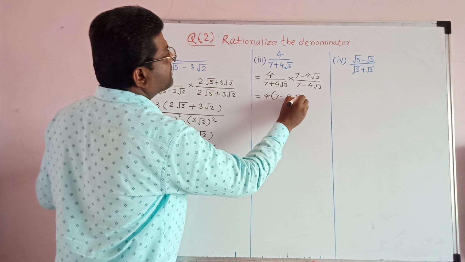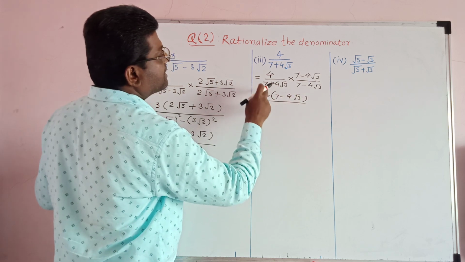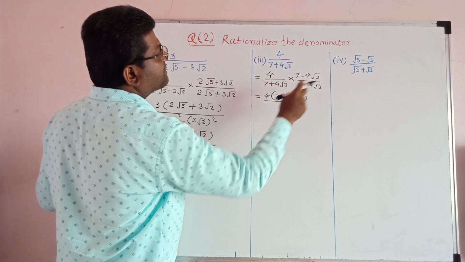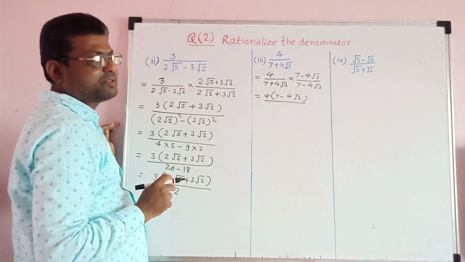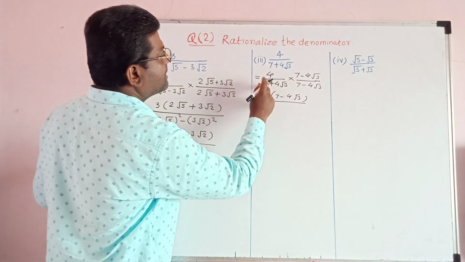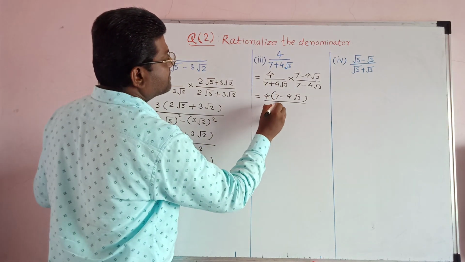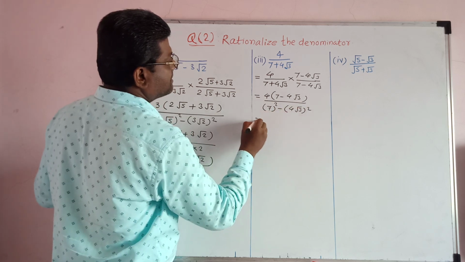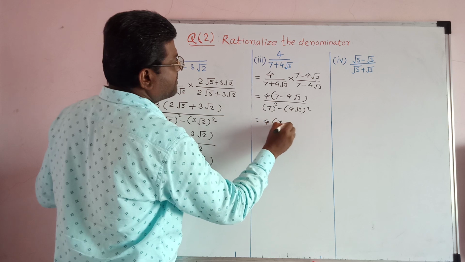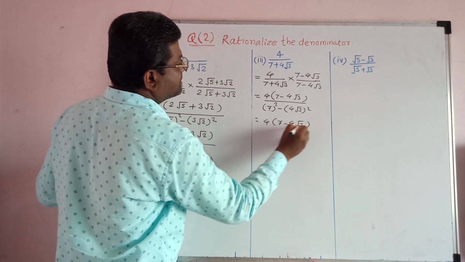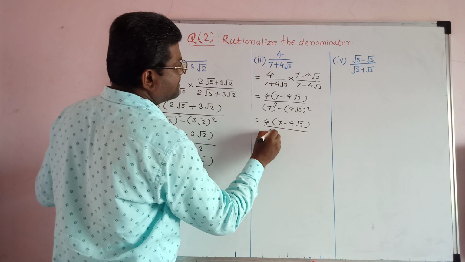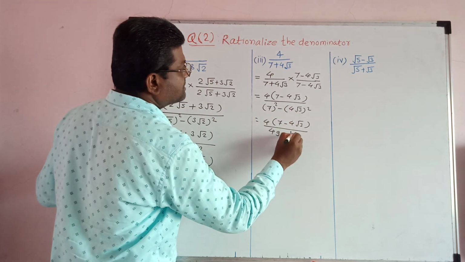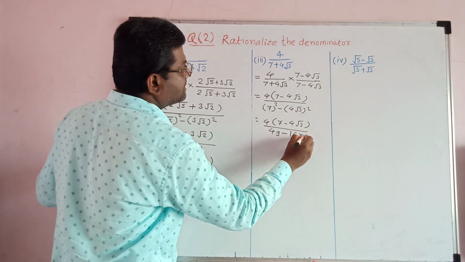minus 4√3) upon, here also this is in the form of (a plus b) into (a minus b). (a plus b) into (a minus b) is a square minus b square, that is first term square minus second term square, which is equal to 4(7 minus 4√3) upon 7 square is 49 minus 4 square is 16 and √3 square is 3 here.